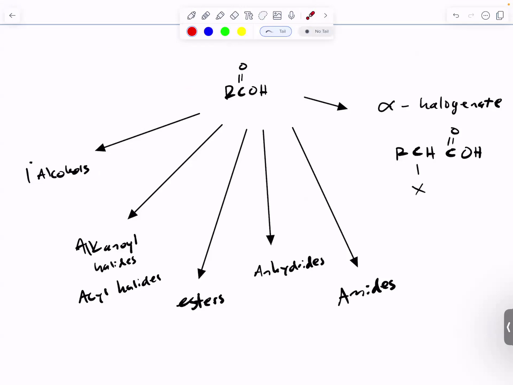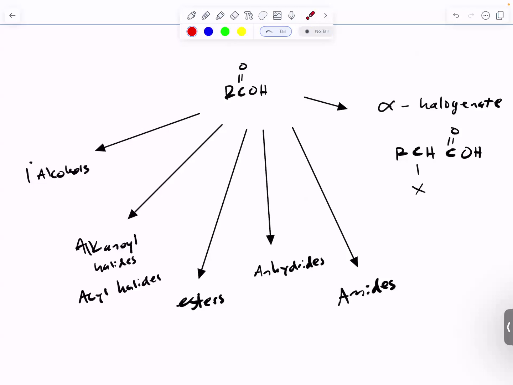And then if you needed to spice it up a little bit and make a secondary alcohol, then you'd have to get creative, and at that point you would oxidize it and then bring in a Grignard, and now you have your second R group, and now it's reduced, and then you make a secondary alcohol. And then from a secondary alcohol, you can oxidize that again, do another Grignard or an organolithium, and then you can make a tertiary alcohol. So all of that stuff is how I want you to think.